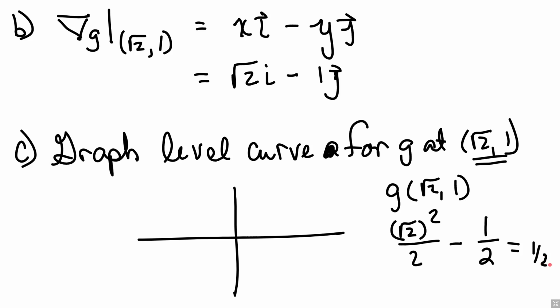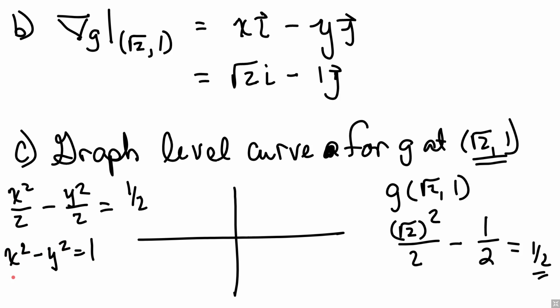So we're going to get 1/2. This is what the function will equal. So x squared over 2 minus y squared over 2 is equal to 1/2. Essentially what we can do is multiply everything by 2. So we get x squared minus y squared equals 1. This would be the standard form.